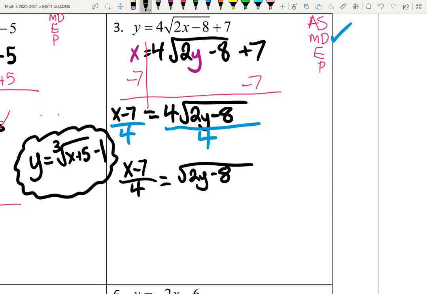When the square root is by itself, then I can apply my inverse operation. I'm going to square both sides.